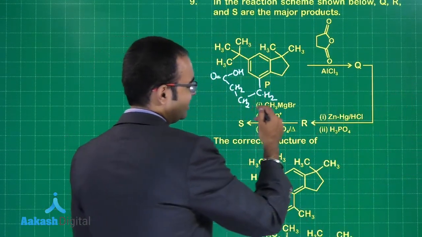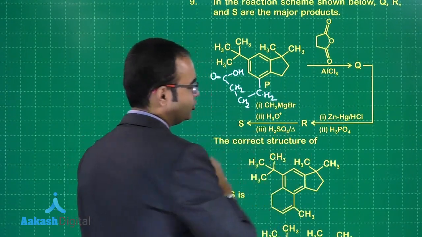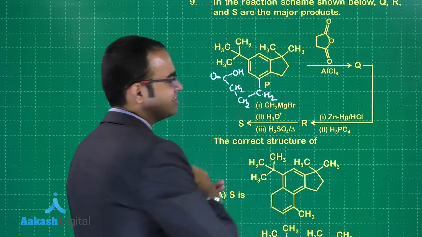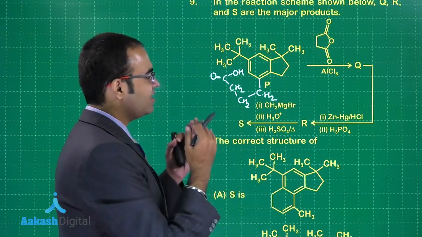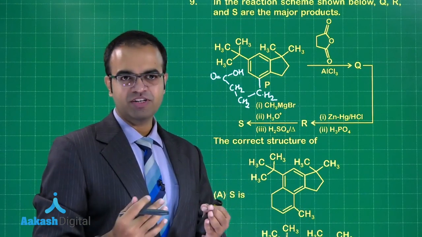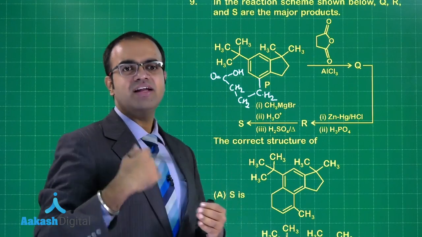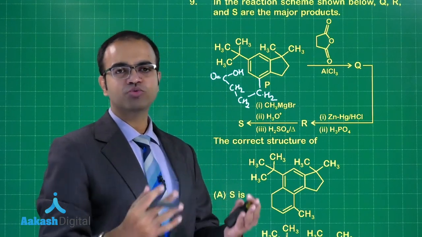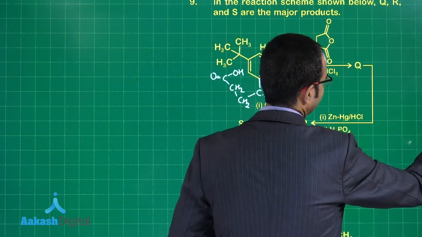You are adding Grignard's reagent followed by hydrolysis, then followed by H2SO4. If you are adding Grignard's reagent, what will happen? It will react at the carbonyl group. As it reacts at the carbonyl group, you are carrying out hydrolysis of it. So you will get an alcohol. And that alcohol on reaction with H2SO4 will lose what? Will lose a molecule of water. So your compound S is what?